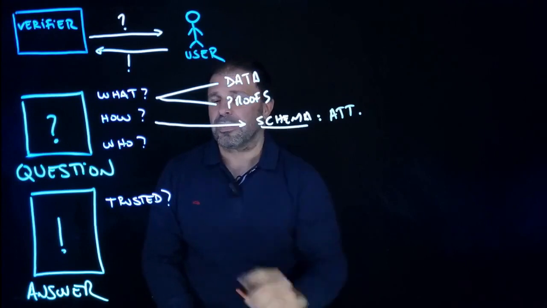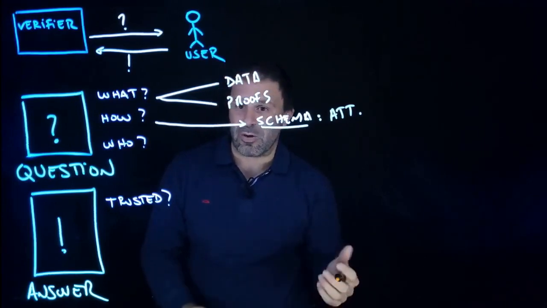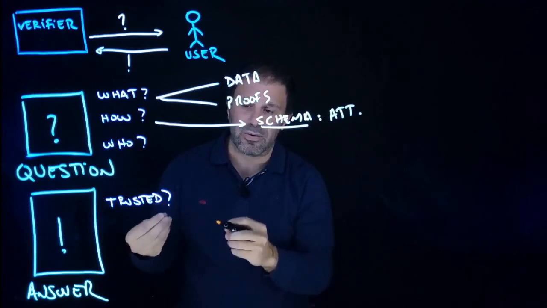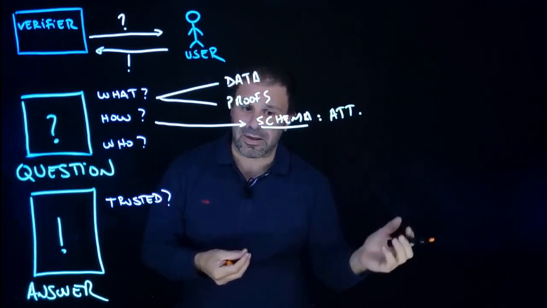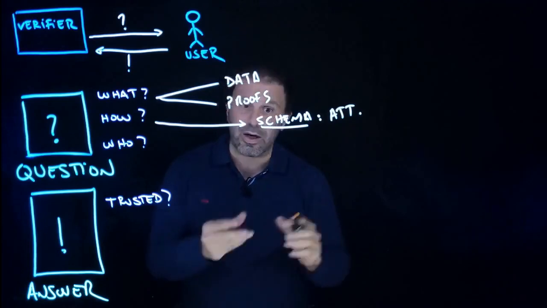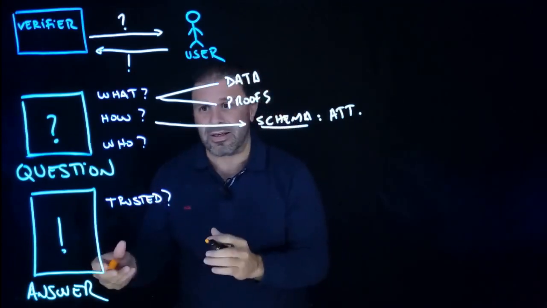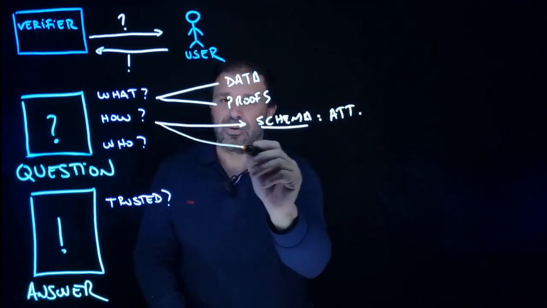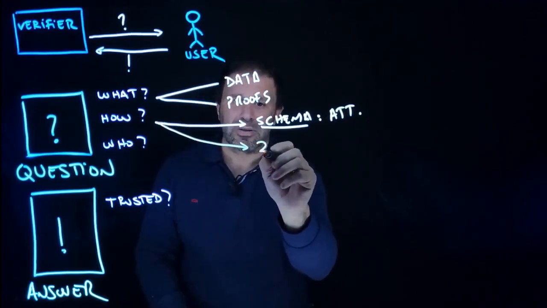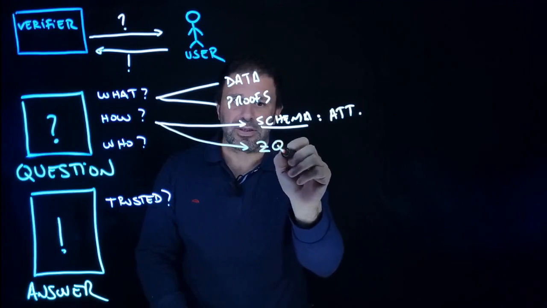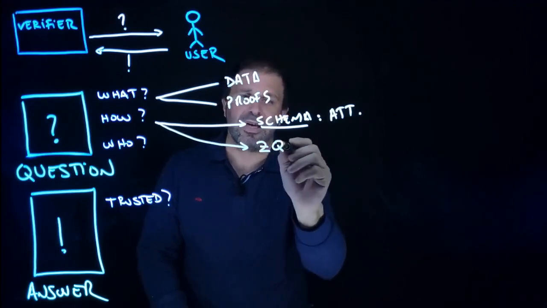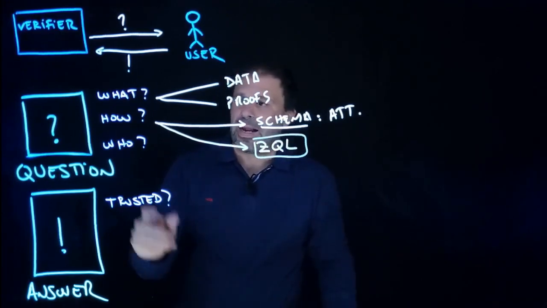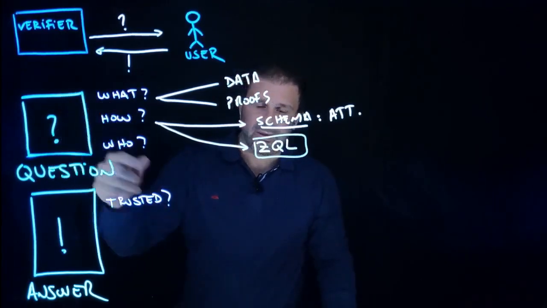In the case of proofs, the question is a query: prove to me that this attribute or set of attributes are either bigger than this or smaller than this, are included in this list or not included in this list, are equal to this value. So to create these questions, Polygon ID introduces the zero-knowledge query language, or ZK query language, that allows the verifier to create this type of queries.